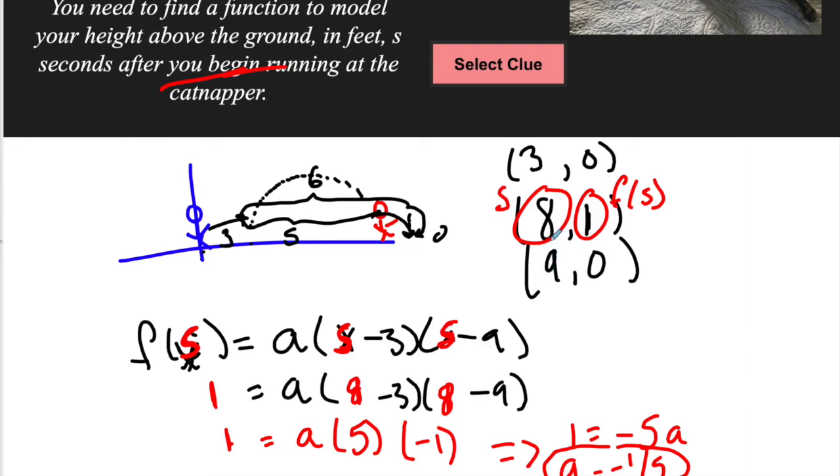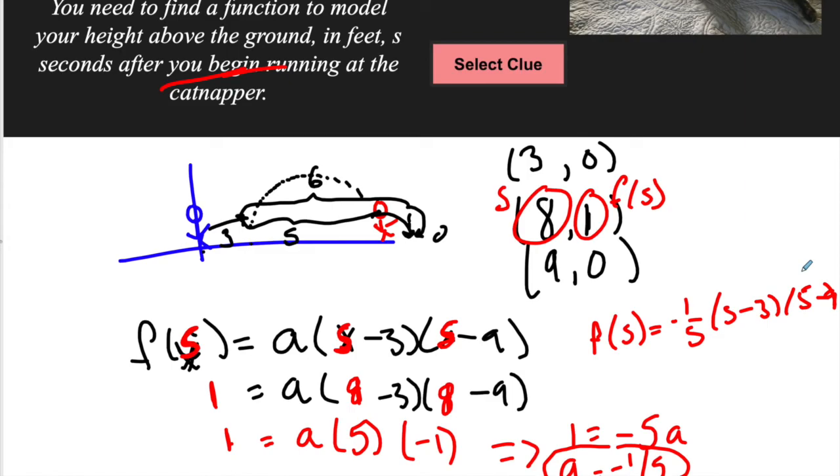Okay? So I have f of s equals negative 1/5 times s minus 3 times s minus 9. All right, and now in the slides there might be alternate names. I probably didn't call it f, but whatever you see, whatever of s, that doesn't make a difference. You can call the function whatever you want.